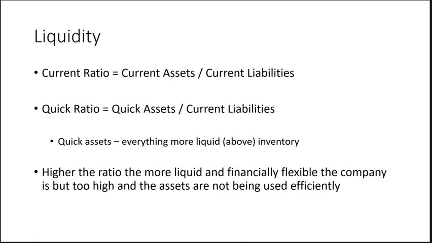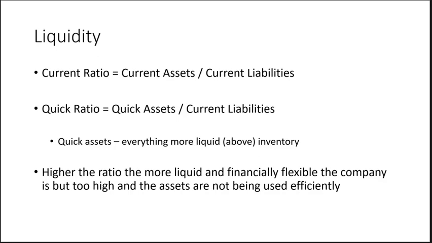Both of these numbers are just ratios. Don't try to make them percentages. You can just put the decimal in there, 1.7, something like that. The higher the ratio, the more liquid and more financially flexible the company is. However, if it's too high, if they have too many of these assets, then they're just probably not being very efficient.